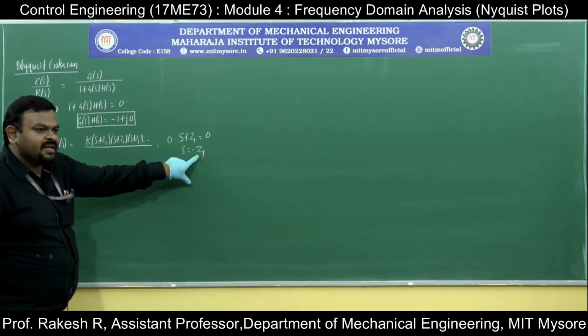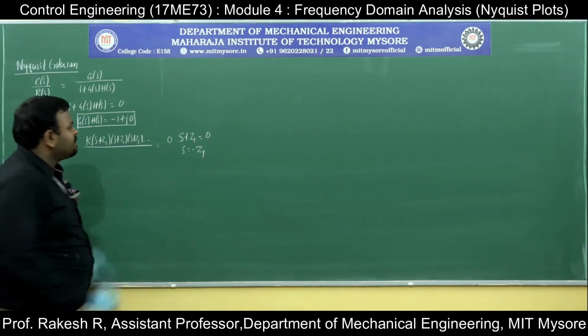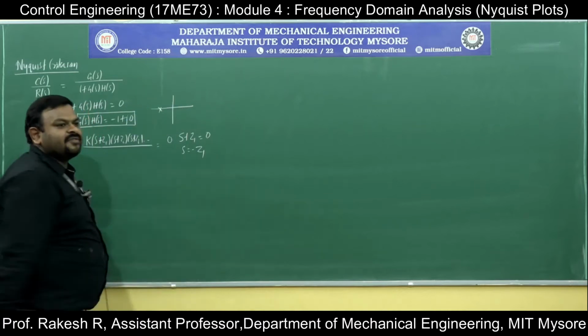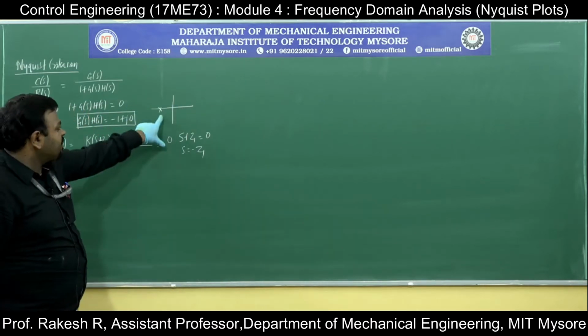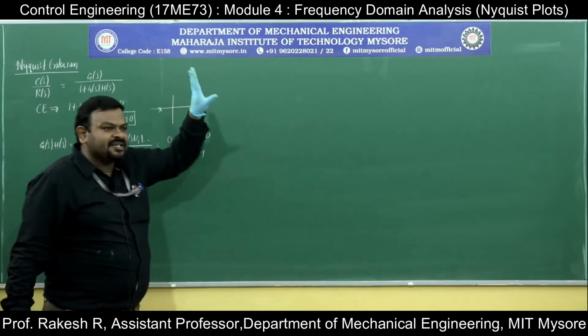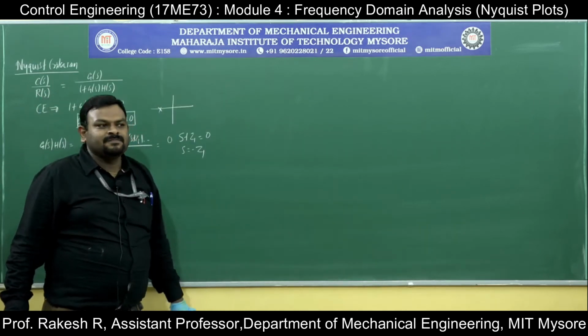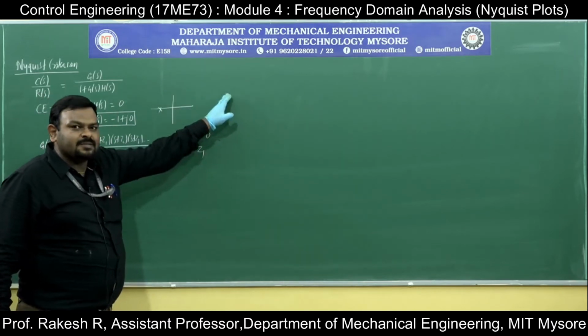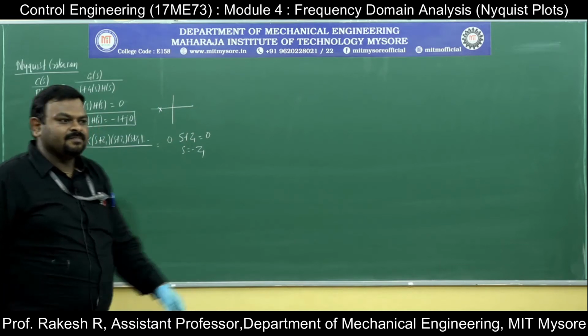What exactly this means is, in other words, if I plot this, it should be on the left hand side of the S-plane. If it is on the left hand side of the S-plane, the system is stable. Otherwise the system is unstable, that's all. If it is on the imaginary axis or on the right hand side of the S-plane, the system is unstable.